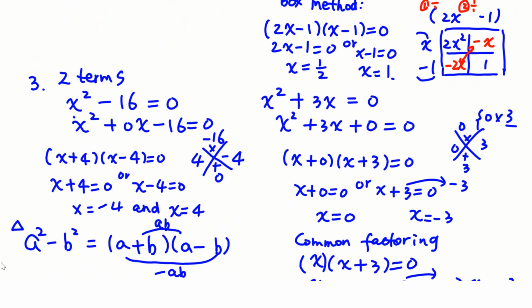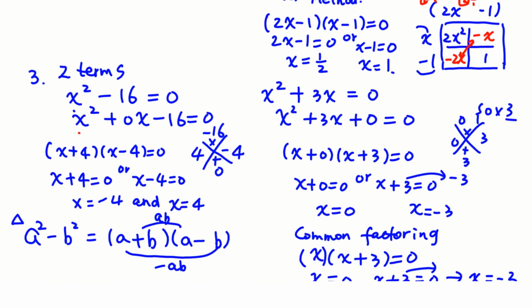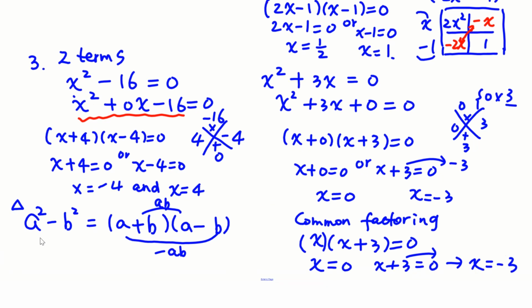If you have 2 terms, you could change them to 3 terms by adding the missing term with 0 times. So the constant that is not there is +0. Then you could use a trinomial factoring method, or you could use a difference of squares if they have a subtraction. For all 2 terms you could use common factoring.